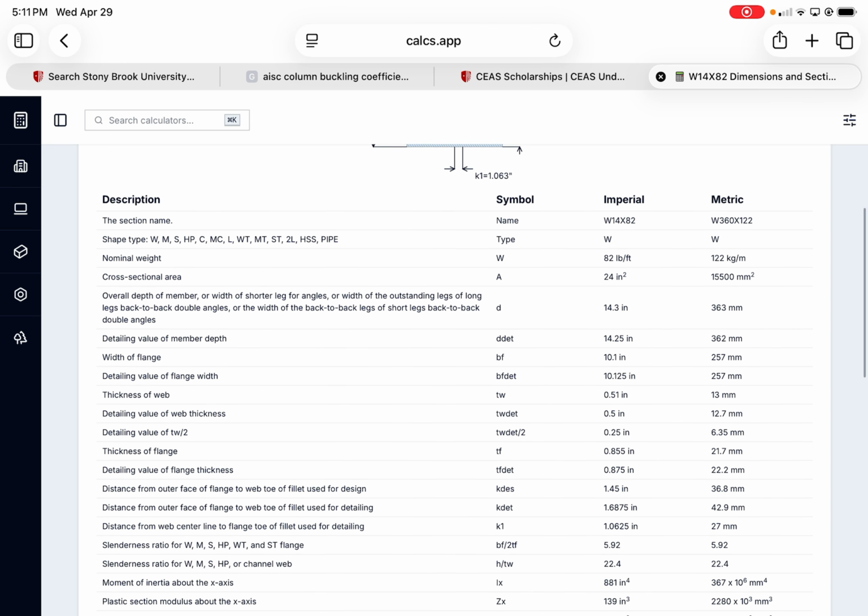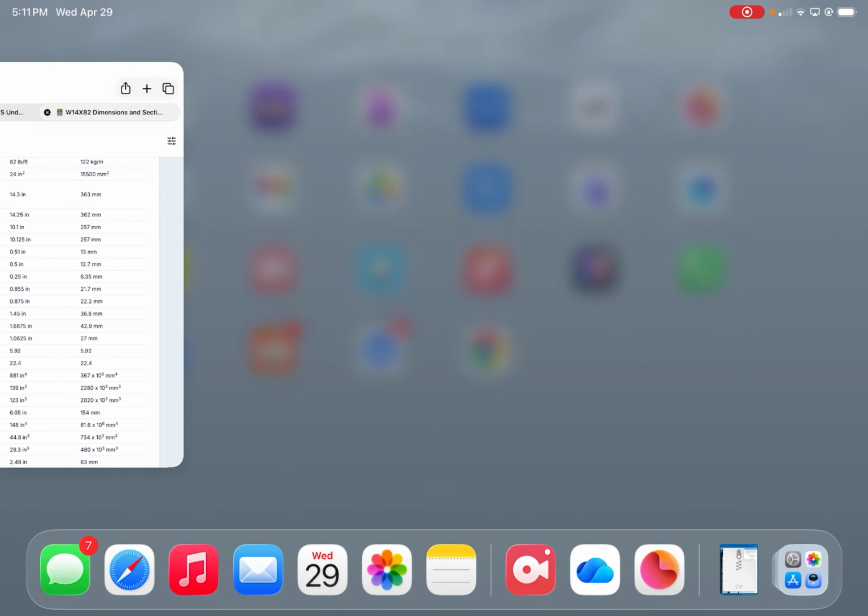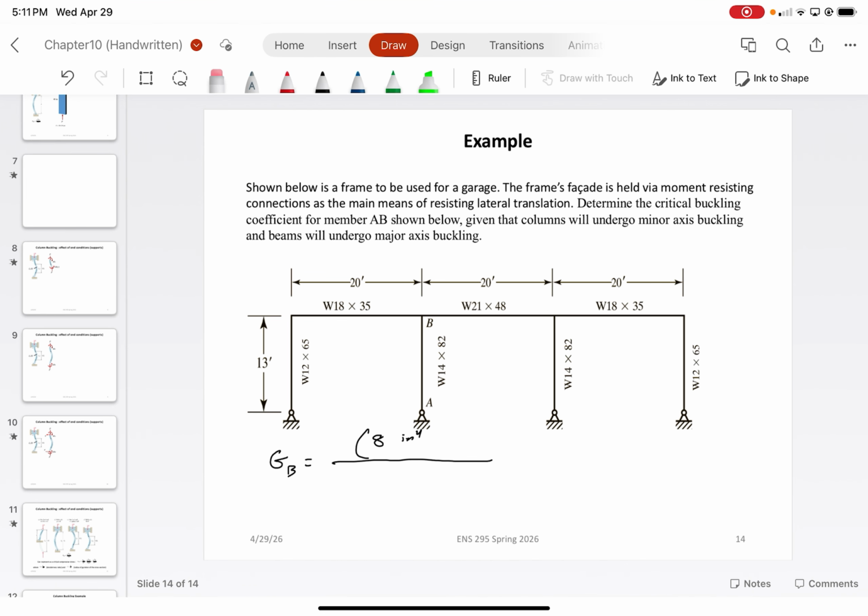Dimensions and section properties. Yeah, moment of inertia about the x-axis is 881. All right, so we've got 881 inches to the fourth, and then the total length is 13 feet.